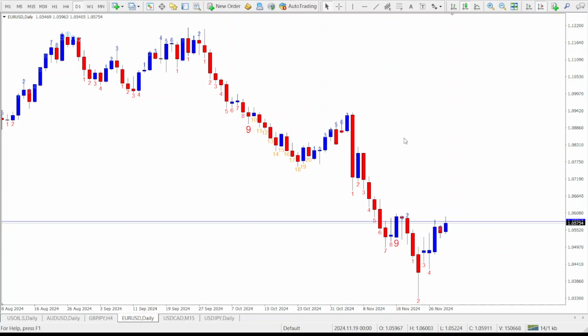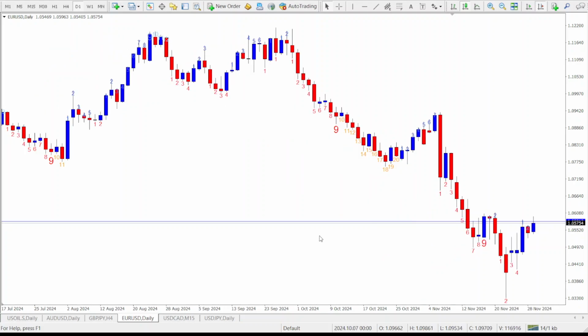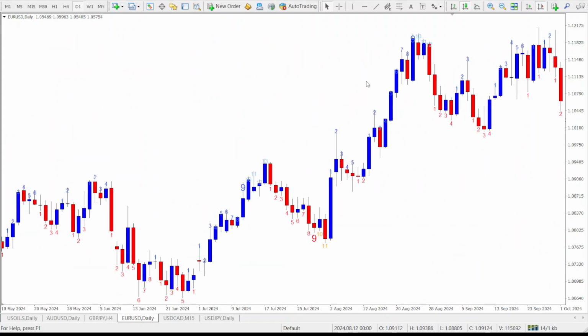Now you will also notice that in addition to those technicalities, one feature of the indicator that is easy to spot for complete beginners, who might not really understand the whole technicalities of the TD Sequential, is that when we have a buy trend, the indicator displays blue numbers.